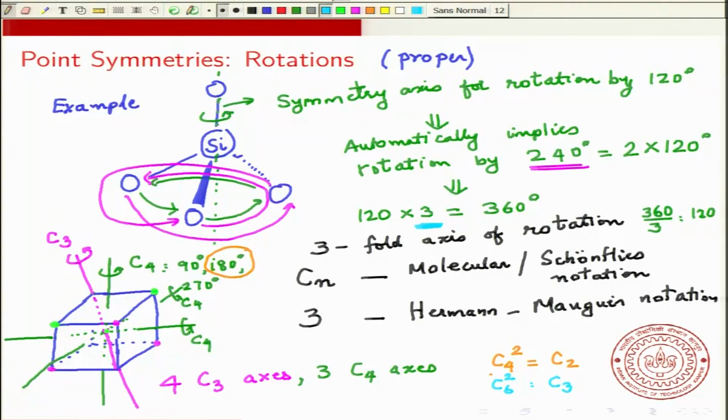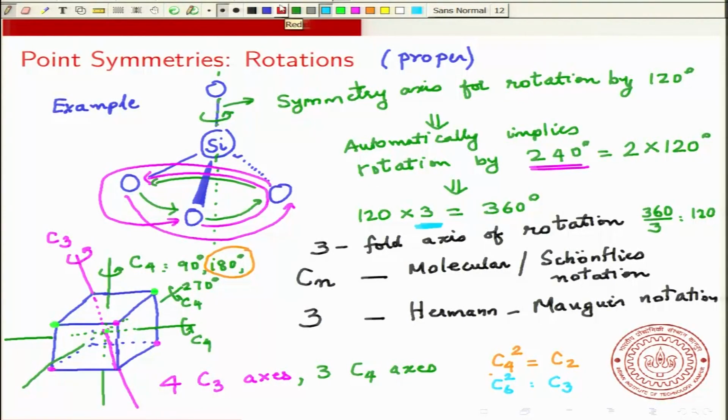Now the most interesting thing about crystals is that it is required that crystals should fill space. Since crystals are required to fill the entire space, there are restrictions on the kinds of axes that you can have. Let me emphasize this.